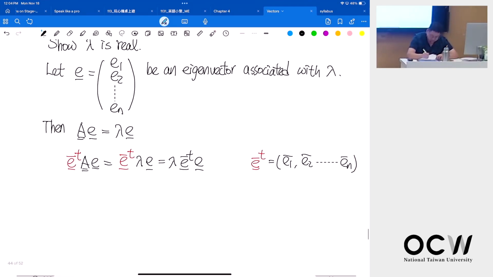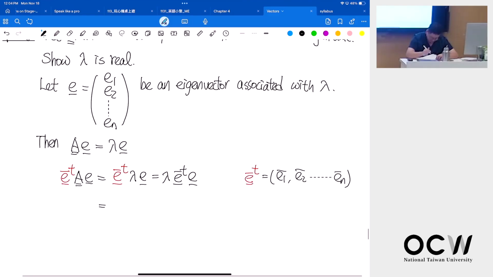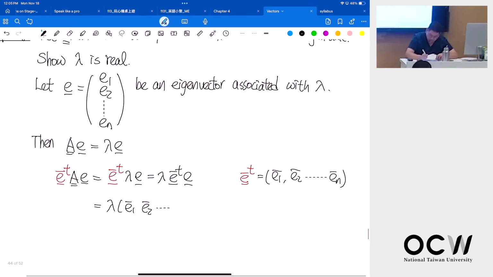It should be lambda times E1 conjugate, E2 conjugate to En conjugate, times E1, E2 to En.